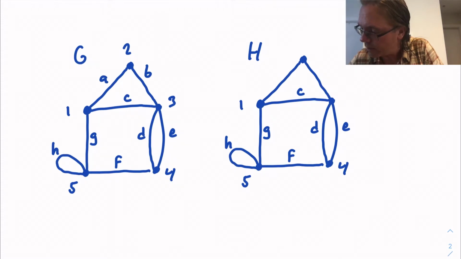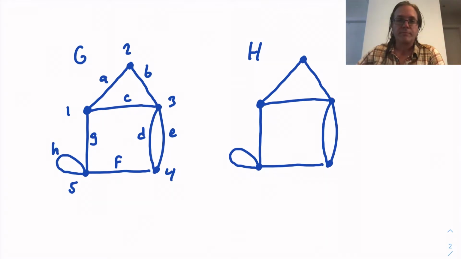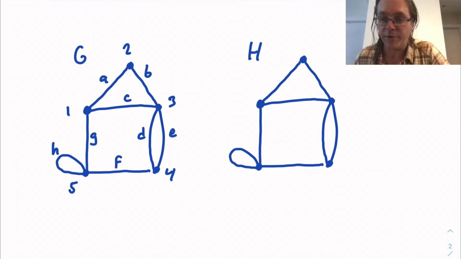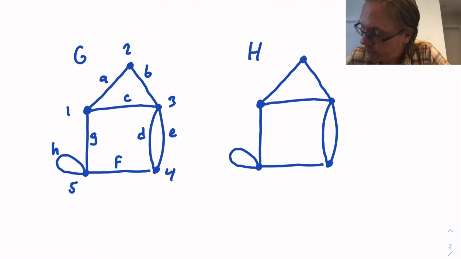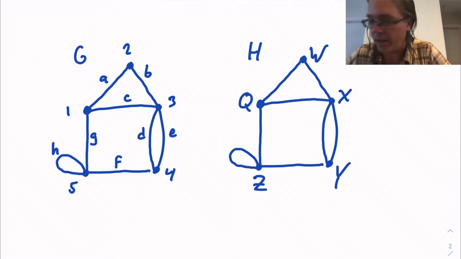well, I'll keep exactly the same drawing, but I will just change the names, right? So maybe I'll label the vertices using, I don't know, capital letters. Here's W and X and Y and Z, and here can be Q. Why not?